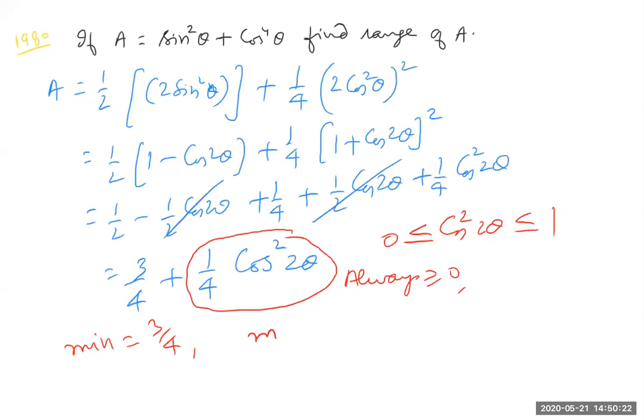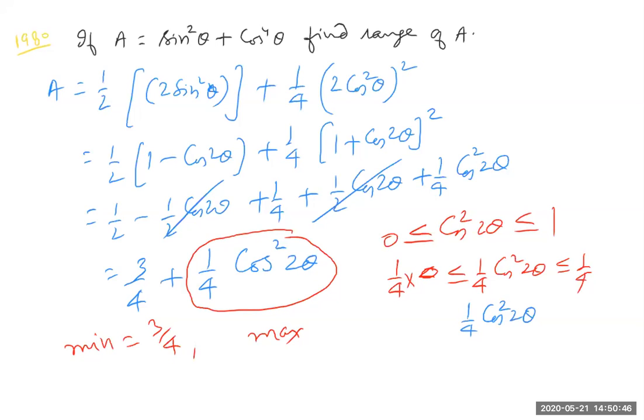And what will be maximum? What is the maximum value I can make it? 1 upon 4, when cos square 2 theta is equal to 1. You can see from here another method. If I multiply 1 upon 4 into 0 and 1 upon 4 into 1, so you can see this 1 upon 4 cos square 2 theta will lie between 0 and 1 upon 4.